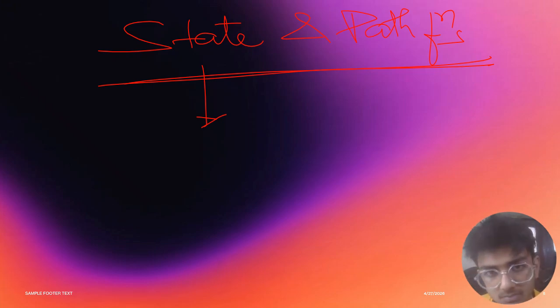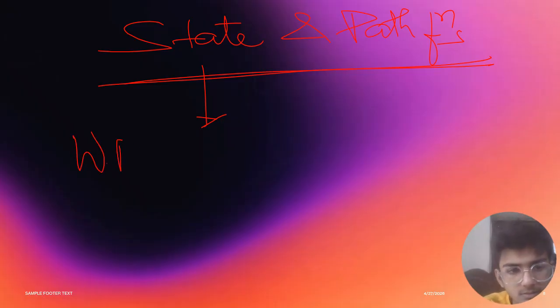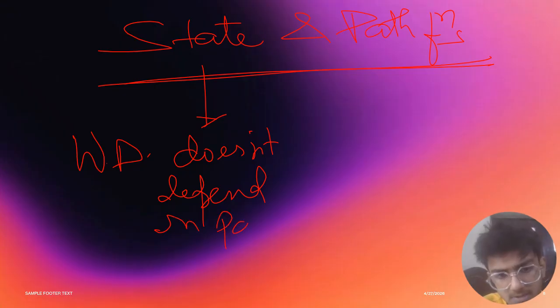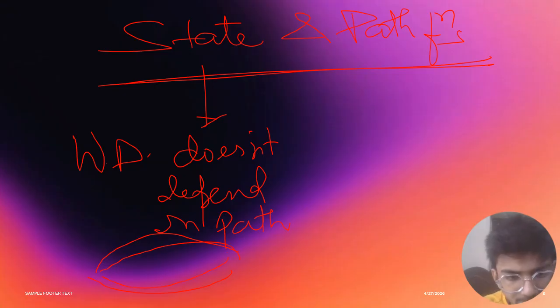The state functions are those whose work done, we'll discuss in the next lecture, doesn't depend on path. Whatever be the path, there is no issue. Work done will remain the same. Whether you go by this path, this path, or that path, it will be the same.